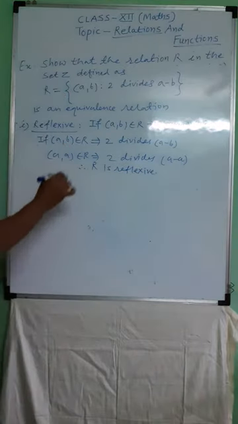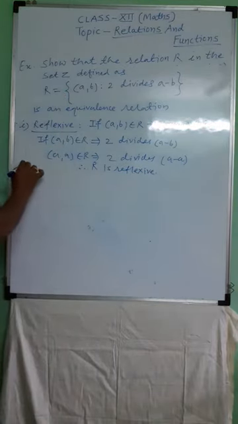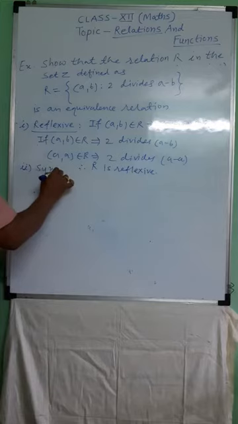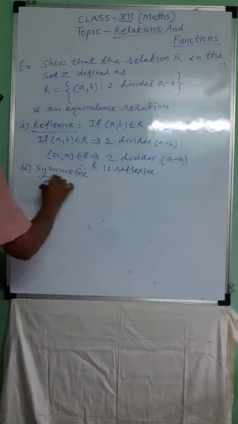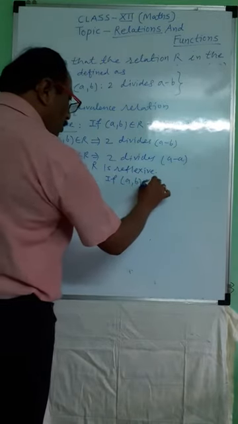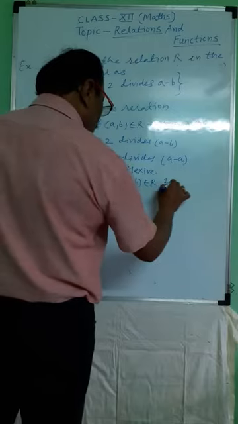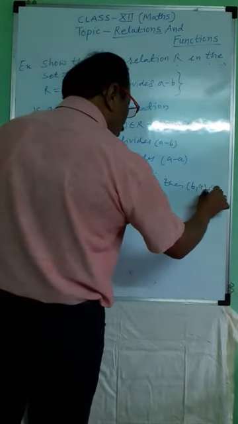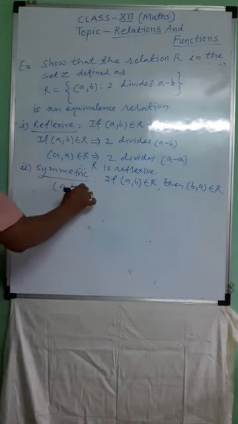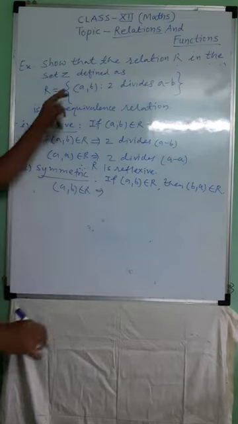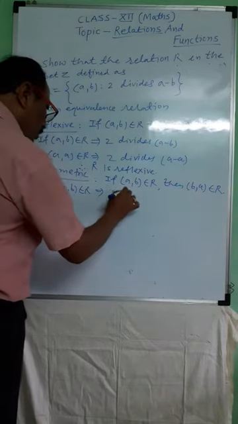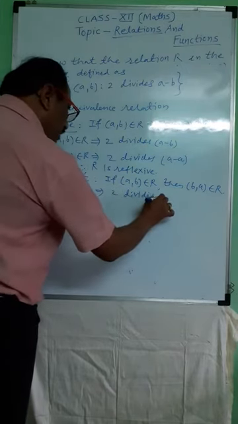Second, we see about symmetric. Symmetric means if (a, b) belongs to R, then (b, a) should belong to R. What do we mean by (a, b) belongs to R? As per the set R, it is defined as 2 divides a minus b.